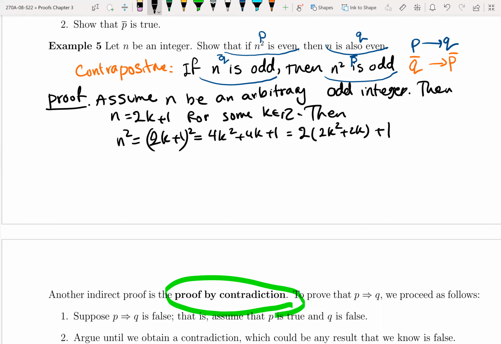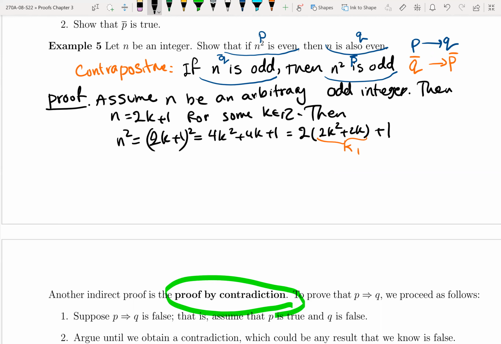Is n squared now odd or not? Did I show n squared is odd? Did I show that n squared can be written as 2 times something plus 1? This is okay? So let's say this is k sub 1.